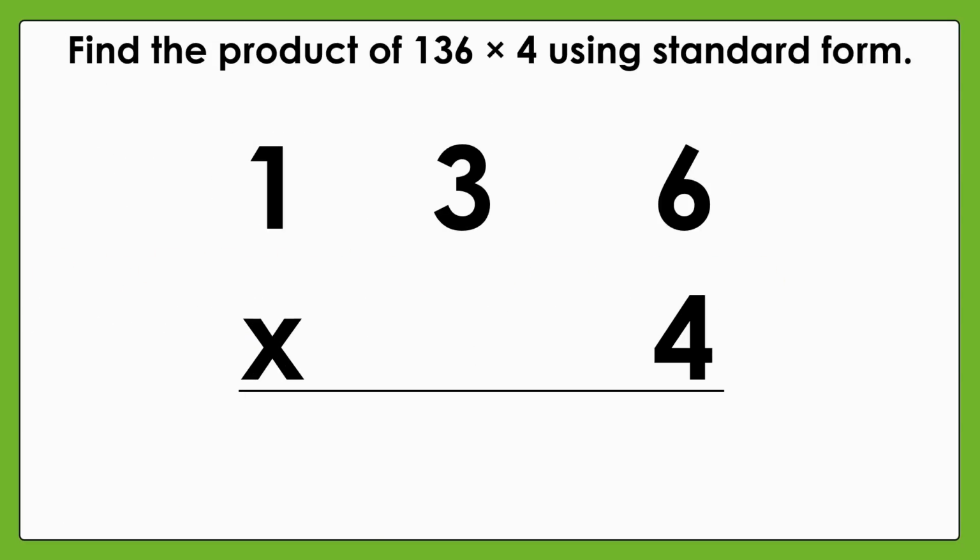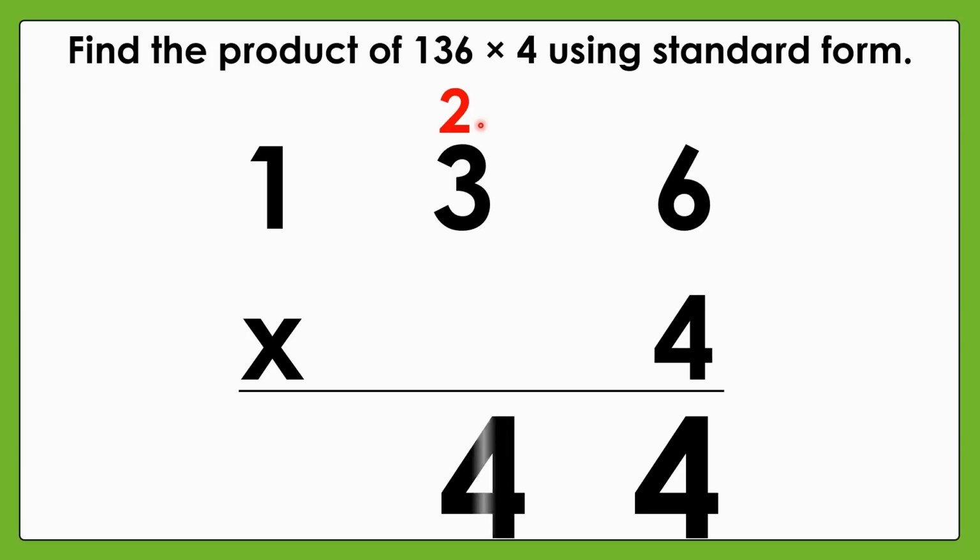Find the product of 136 times 4 using standard form. 6 times 4 is equal to 24. So we're going to put 4 here and 2 in the tens place. 3 times 4 is 12 plus 2, 14.